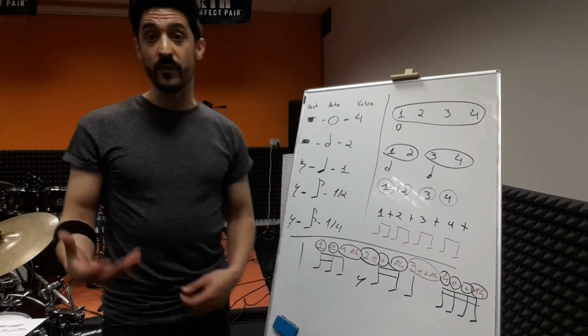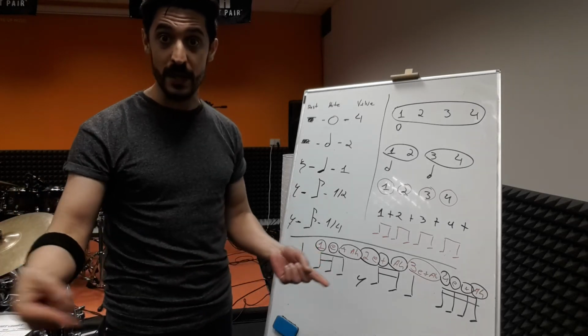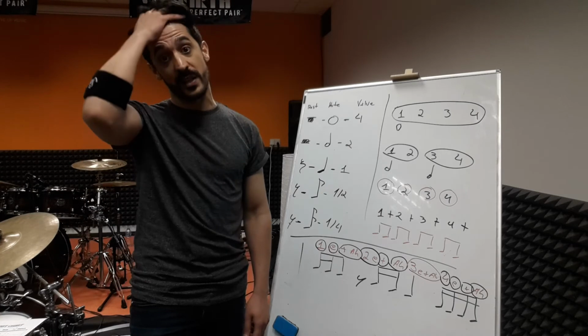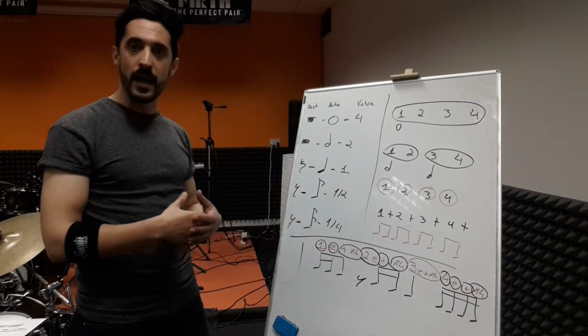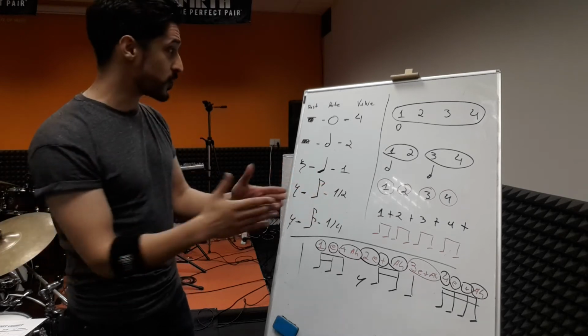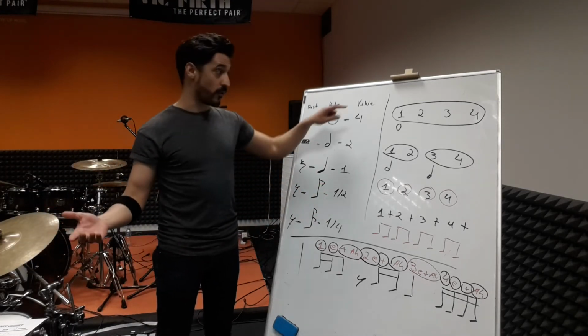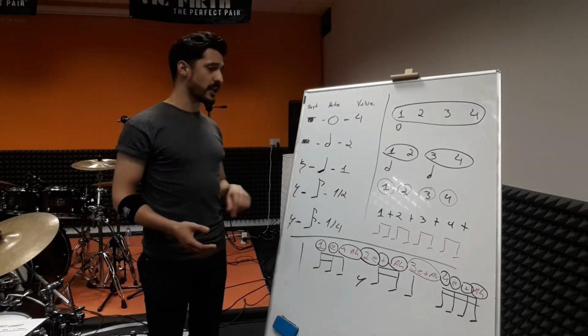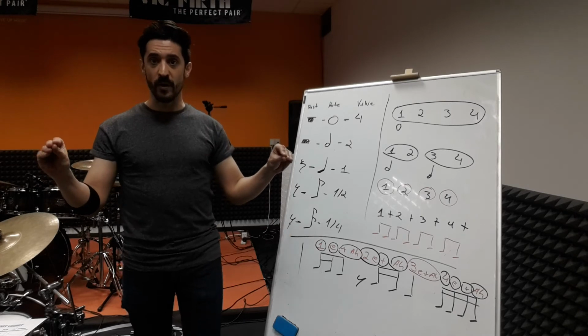On the drums, that's not very intuitive because you can't make a snare drum sound last for 4 beats. So you have to imagine it, and that's why the voice is so important. Because the voice has that ability to make things last longer or to be shorter. A half note, obviously, is half of the value of a whole note. It's going to be 1, 2, 3, 4.